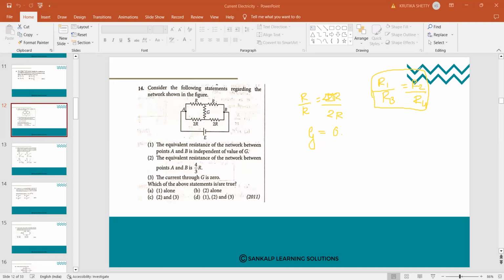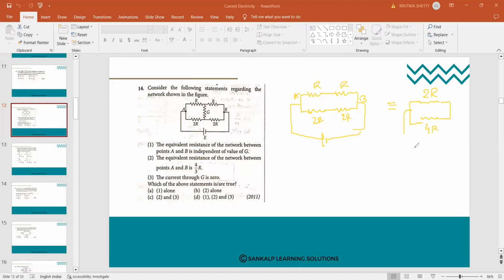Therefore, the circuit can be simplified and written like this. The current through the galvanometer is 0, so I consider this as R and this as R resistance. Here I'll show 2R and here 2R, between points A and B. Now, what equivalent circuit can I take? See here, when R and R are connected in series, the total resistance is 2R. Similarly 2R and 2R are also in series. Therefore, the equivalent resistance is 4R. Correct.